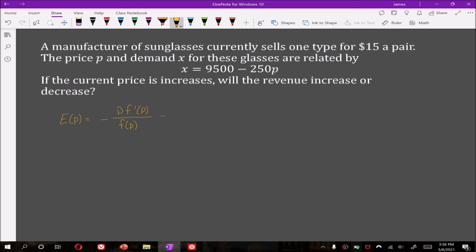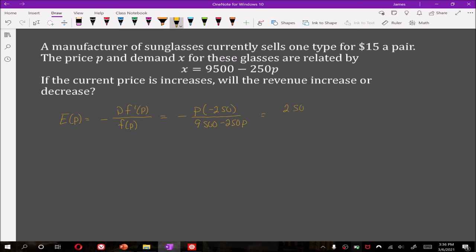Now we're already given f of p. It's right here. 9,500 minus 250p. So this gives negative p times negative 250 over 9,500 minus 250p. We want to evaluate this at a price of $15. Or let's simplify this first.